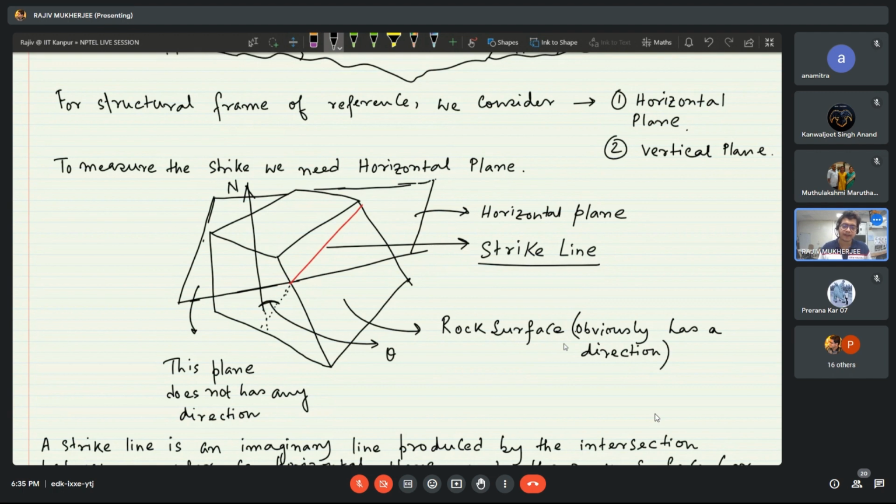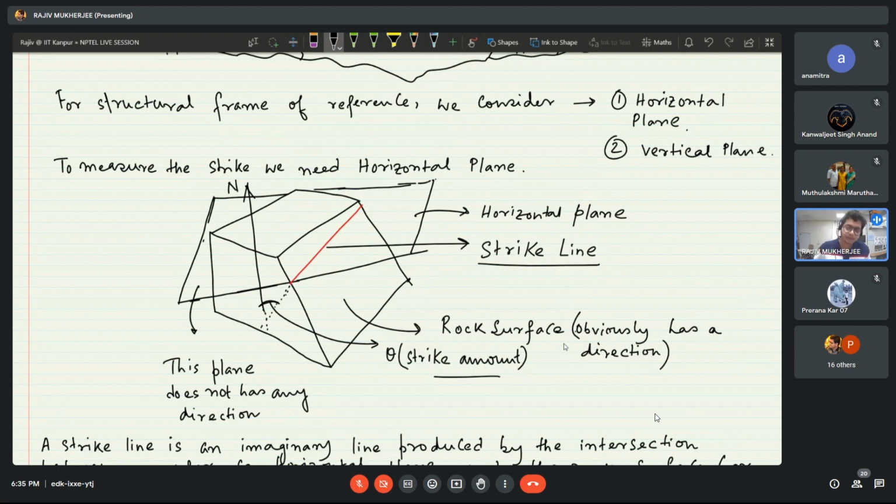So this theta is the strike amount, right? This is the angular difference between the intersecting line or the strike line and the geographic north direction.